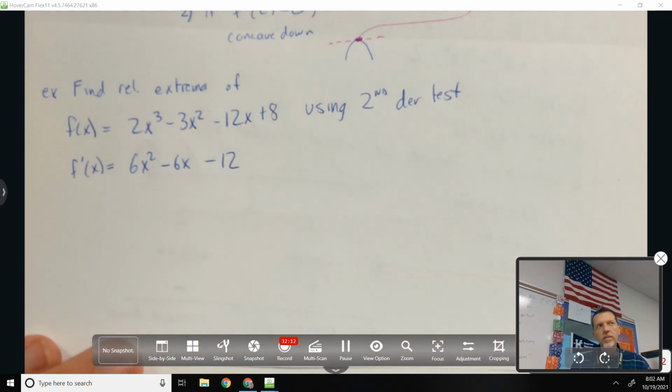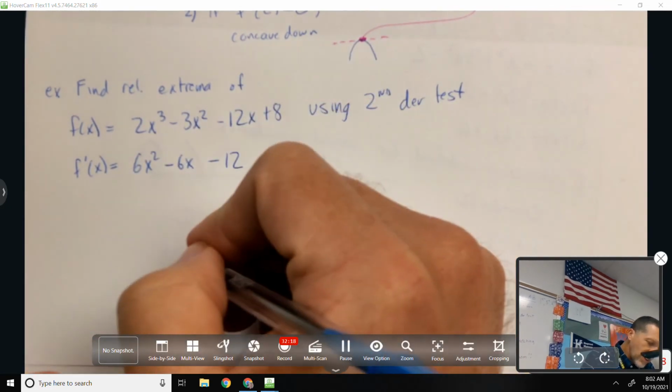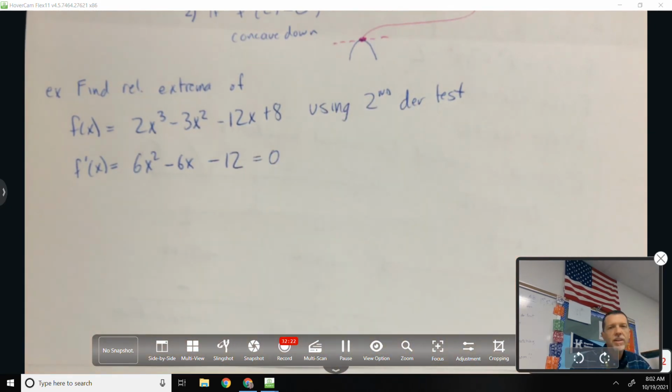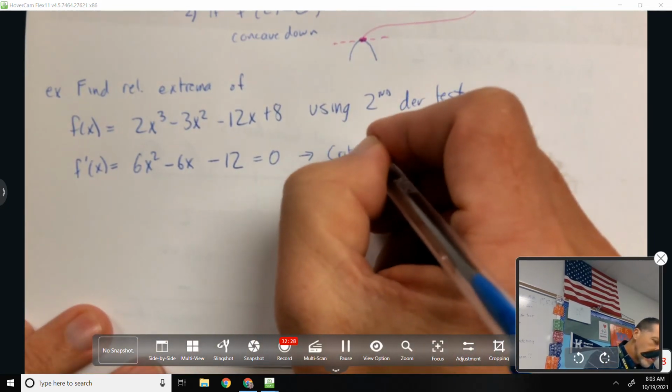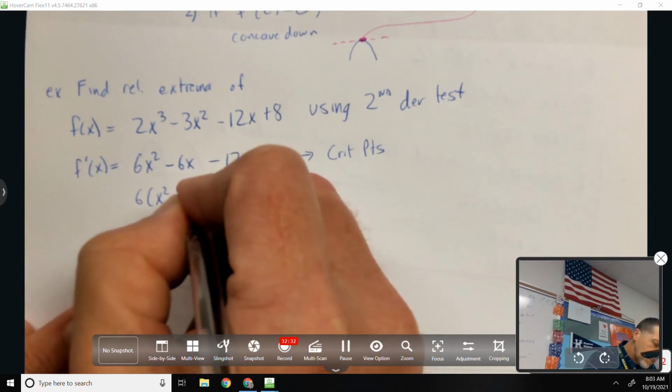It is nice when they sort of rig these things to work out for you, because I'm going to want a second derivative, but I also want to know where this is equal to 0, because I'll need those critical points. So factor out a 6.